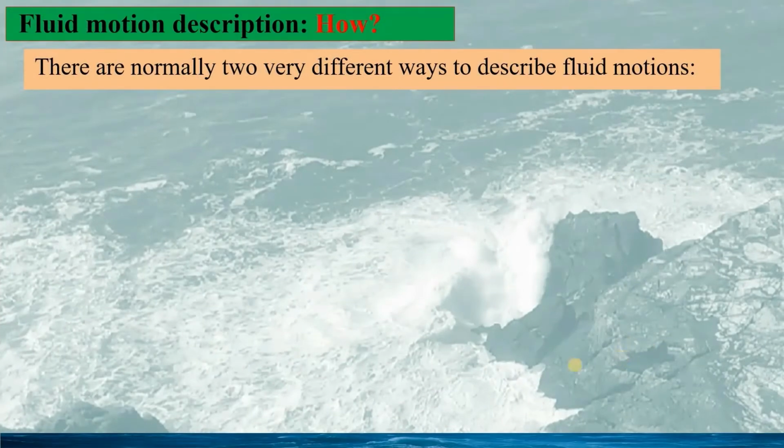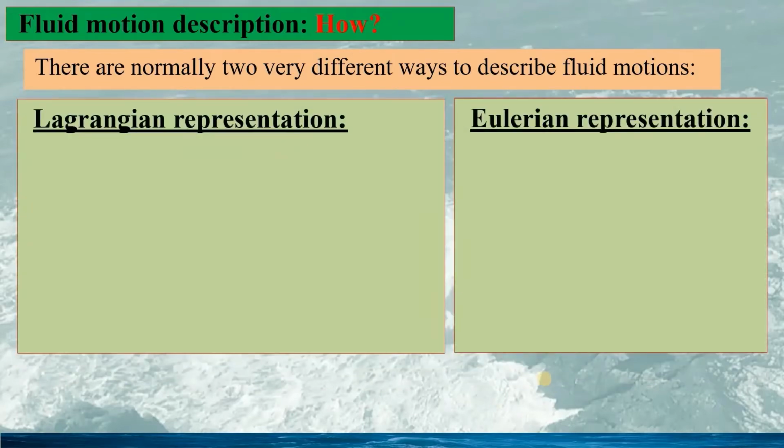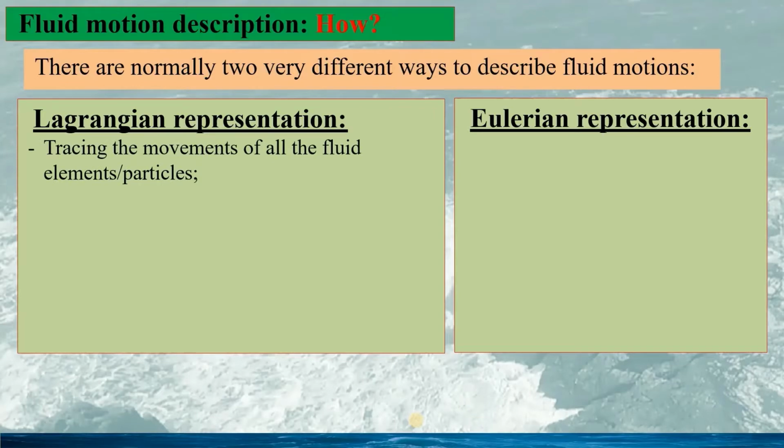As we have mentioned, there are normally two different ways to describe fluid motion, that is, the Lagrangian representation and the Eulerian representation. In the Lagrangian representation, we chase the movement of all the fluid elements or particles.